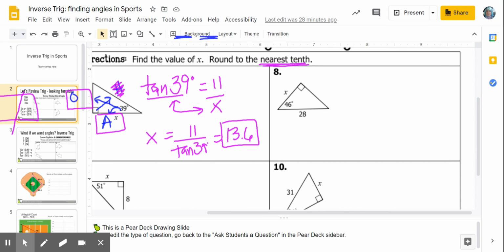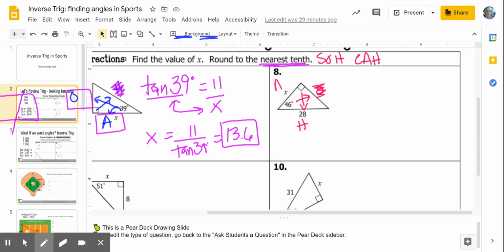What about question 8? How do I start that? What do I have to do there? I do not have the opposite side. I do have the hypotenuse. Hypotenuse is over here.